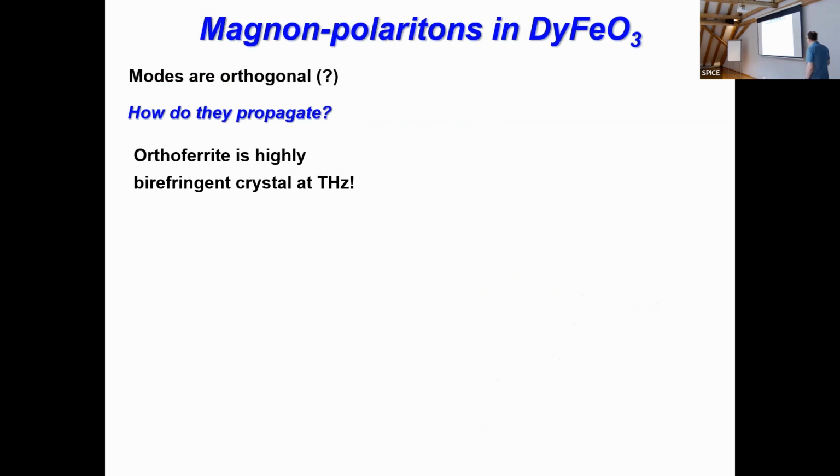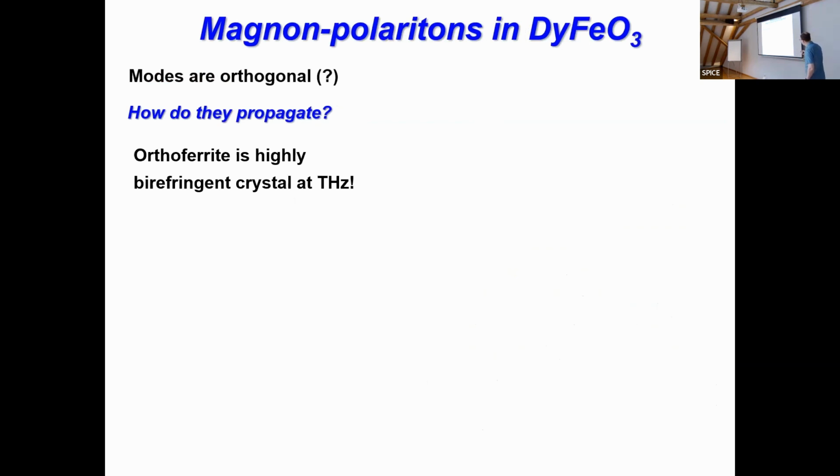So again, I already stressed a few times that in the model, the modes are assumed to be orthogonal. But this derivation is based simply on the spin dynamics equations, which neglect the electromagnetic component. However, we already confirmed that in the orthoferrites, the modes are in fact polaritons, so they propagate.